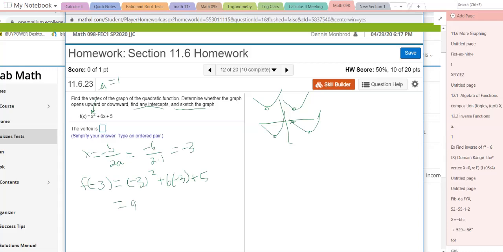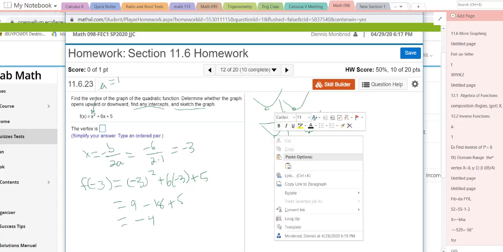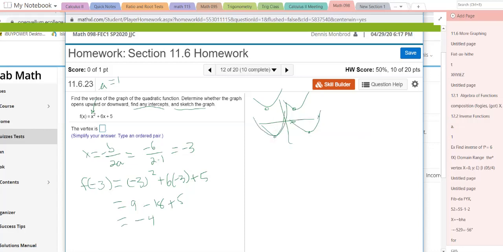So that gives us 9 minus 18 plus 5. So that's a negative 4, right? 14 minus 18 is negative 4. So we have this situation here. This is what it's going to look like, something like that. And it will have a couple of x-intercepts. We'll determine those next. So our vertex is negative 3, negative 4.